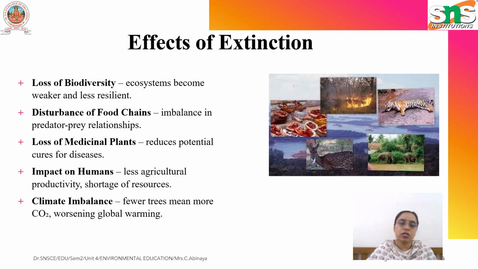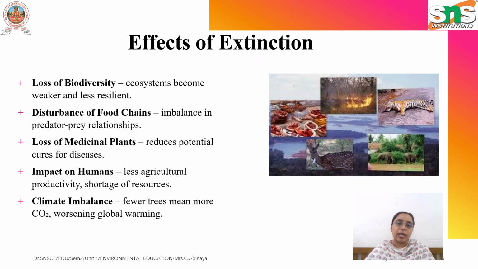The third one is loss of medicinal plants. Many life-saving medicines come from plants, that we all know. So if plants go extinct, we lose potential cures. And the impact on humans is that agriculture and fisheries decline, natural resources become scarce, and humans may face food shortages.